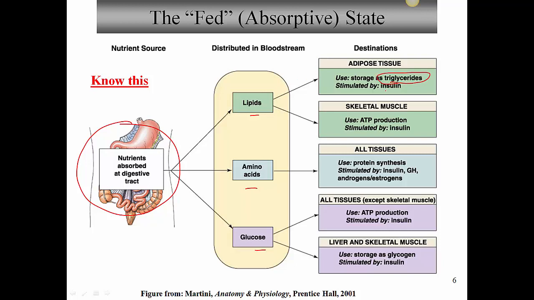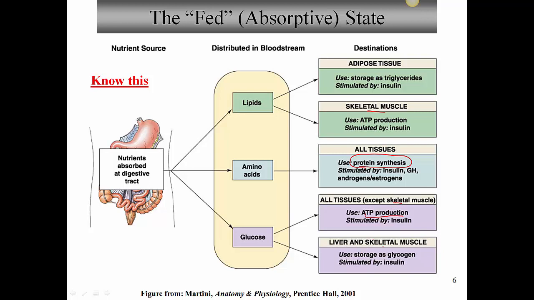They're stored as triglycerides. We can also use the lipids for ATP production in skeletal muscle, for example. The amino acids can be used for protein synthesis to replace some of the worn out components of the body or to synthesize new protein. And finally, the glucose can be used as well for ATP production in all but skeletal muscle, which uses the lipids or the fatty acids.